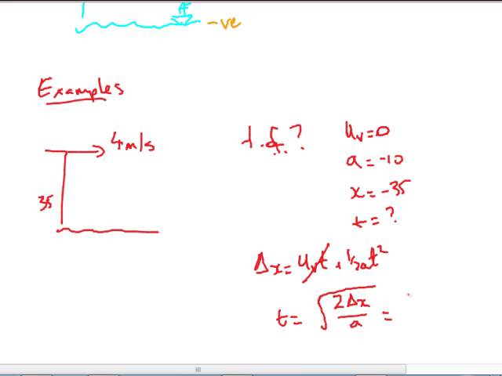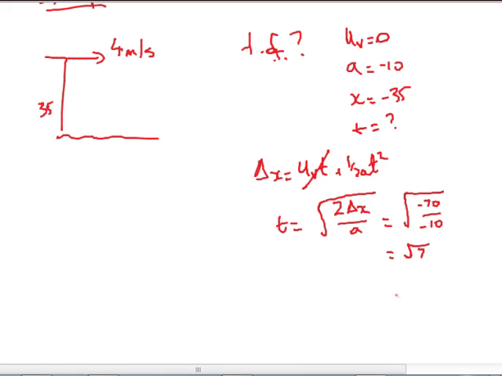So we've got the square root of negative 70 over negative 10, which is root 7, which is, I don't know, 2 point something.